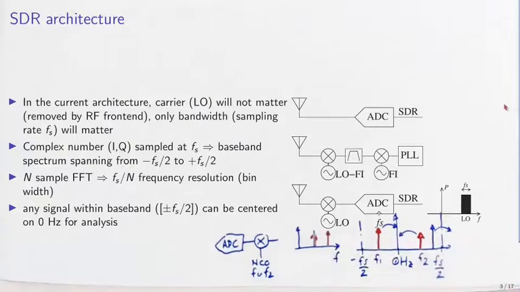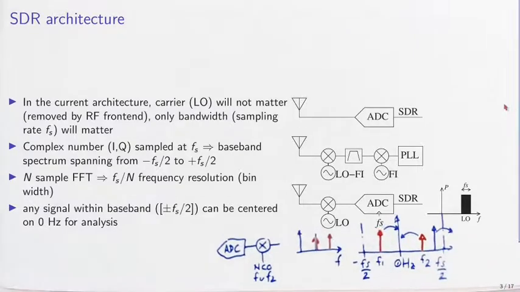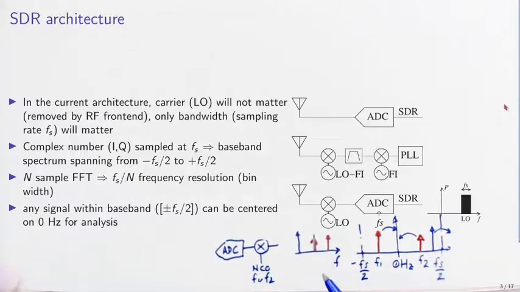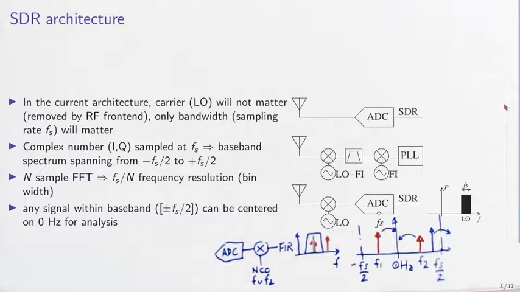And these two spectral components must be eliminated prior to processing this center frequency here. So some filtering will be applied, and this filtering will be a finite impulse response filter. So these are the basics of multi-channel analysis: bringing each signal centered on 0 Hz and filtering unwanted spectral components.